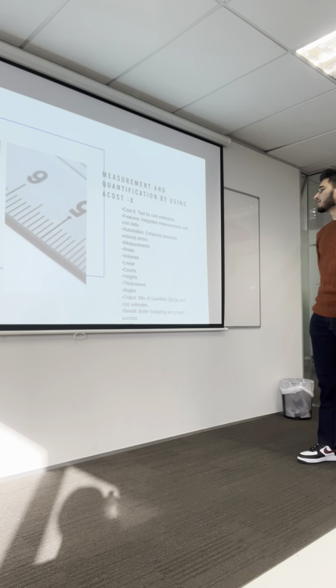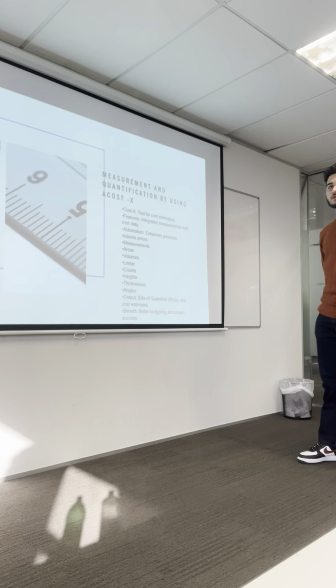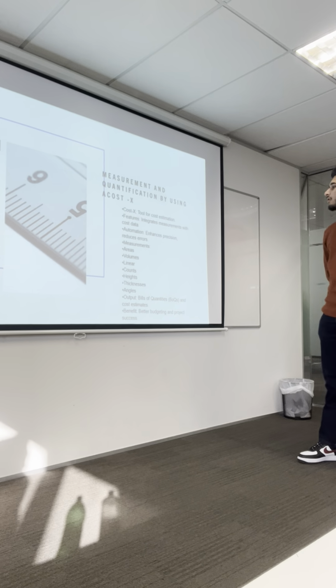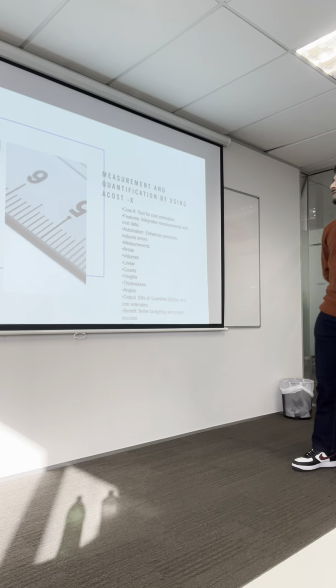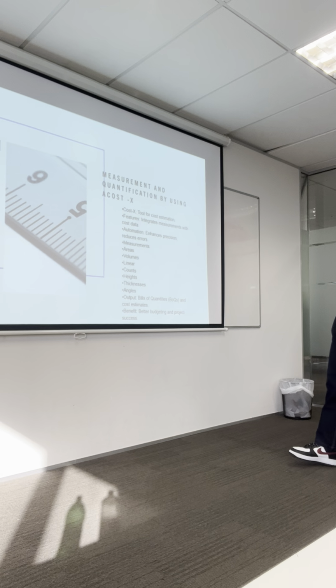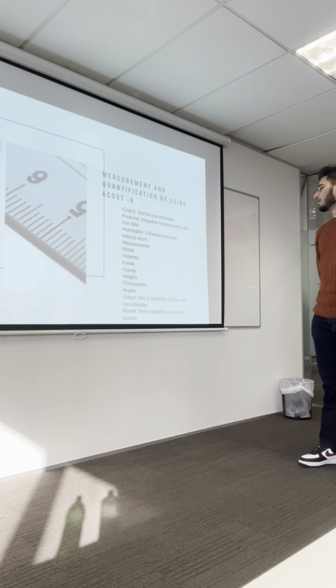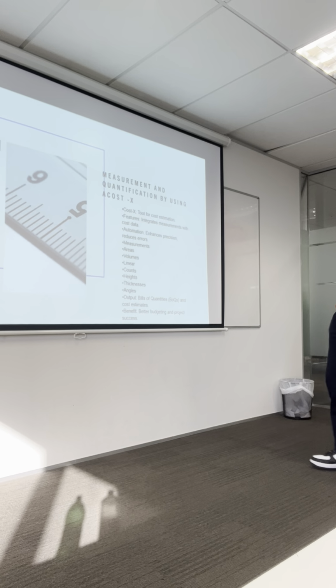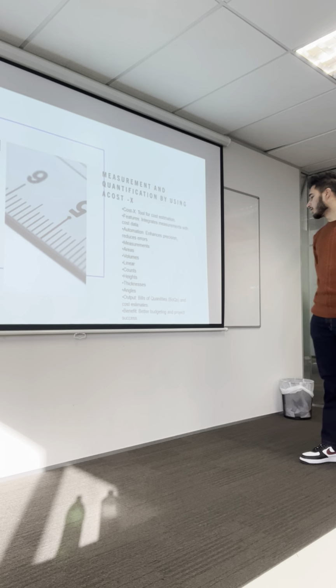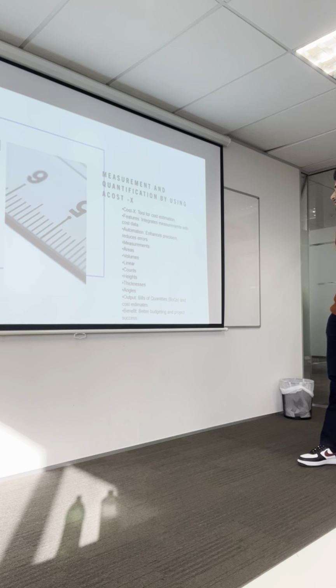Automation enhances precision and reduces errors. We also do the measurements by using the tools mentioned in the picture, and we cover areas, volumes, linear and counts, heights, thickness and angles. In the output, bills of quantities and cost estimates are mentioned, and the benefit is better budgeting and project success.